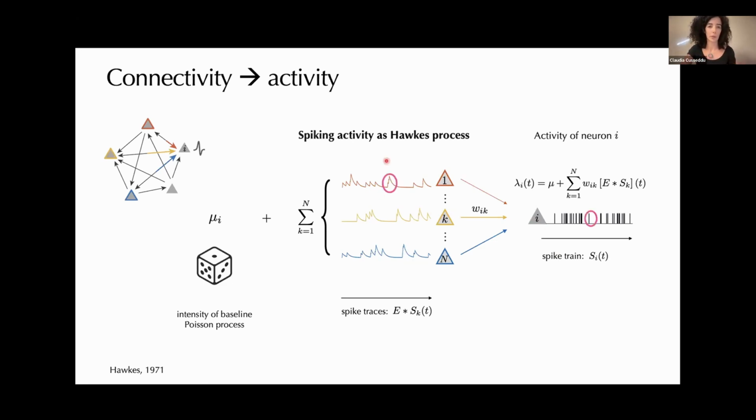For example, even if there is high activity here, this is not necessarily reflected in the postsynaptic neuron. But if the connection is strong, then neuron i will be strongly driven by the red neuron. So this is one way to see how connectivity shapes activity in a recurrent network, but this relationship, as I said already, also works the other way around.